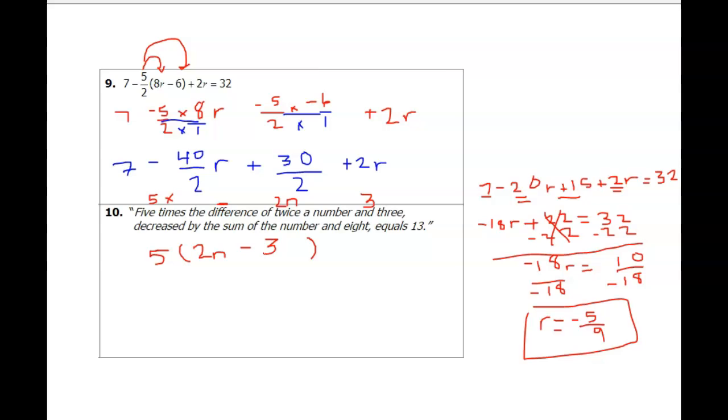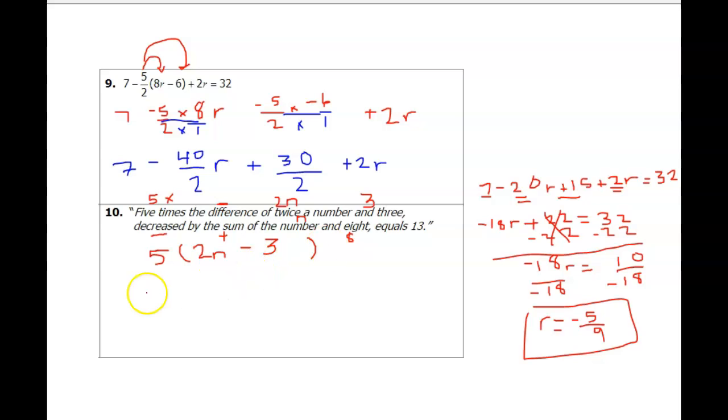All right, let's think about the rest of this. Alejandro, it says decrease by. What does decrease by mean? Subtraction. The sum of. Addition. Okay, so what are we adding? We're going to be adding a number. So a number is n and 8. I think we can write the second part of this problem.